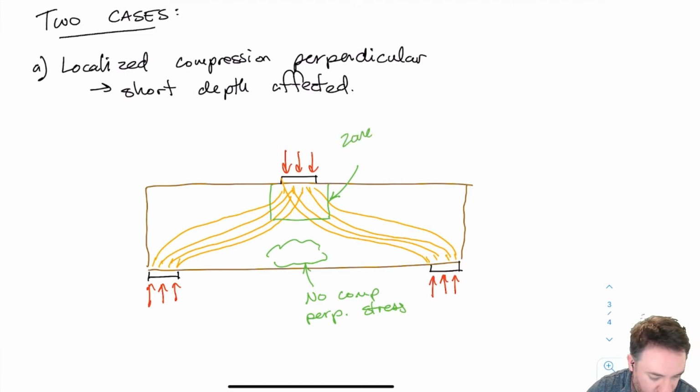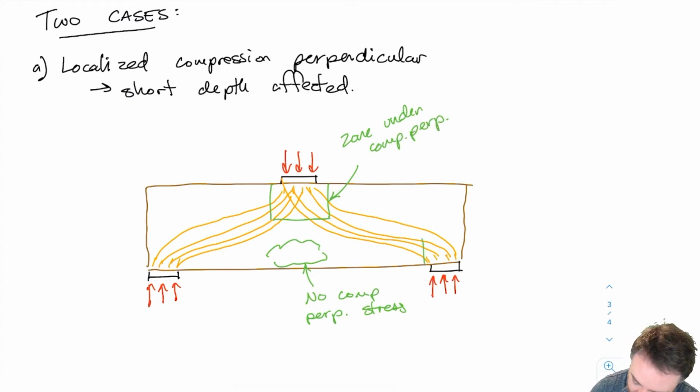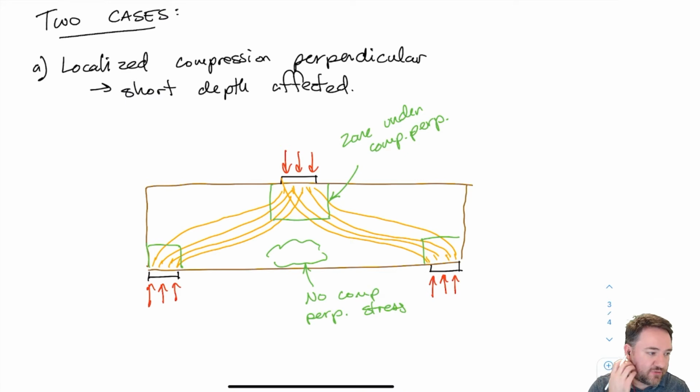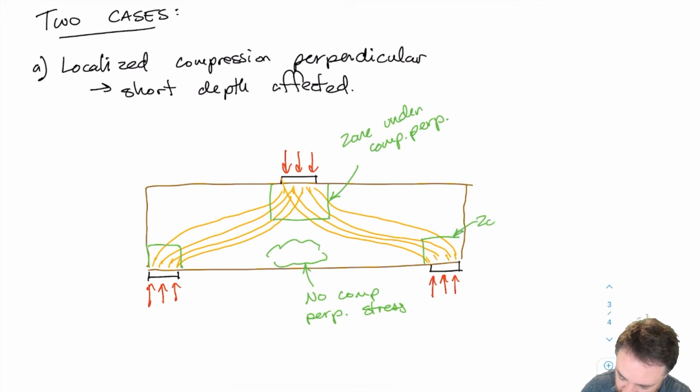So we have a zone under compression perpendicular. And at the reactions, we'll also have a similar zone. Now, it's not going to be perfectly compression perpendicular throughout that zone, but let's say there's some effective zone where we have a significant amount of compression perpendicular forces, even though they're in the process of turning directions. So same here, zone under compression perpendicular.